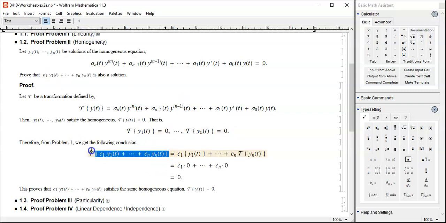So how does it help proving that this is also a solution? Well, T of c1 y1 plus c2 y2 all the way up to cn yn, let's consider that. Is this really equal to 0? That is the question, because I want 0 here.